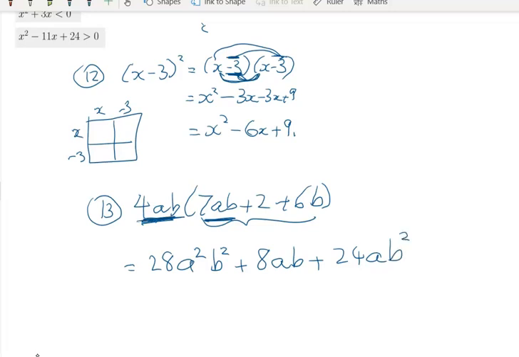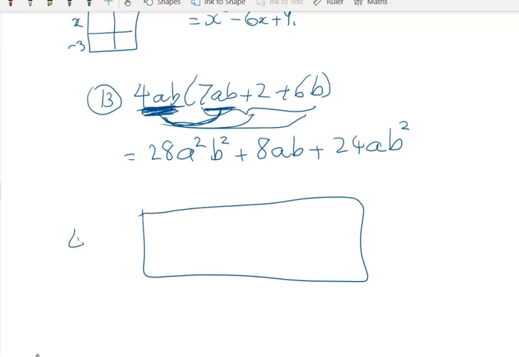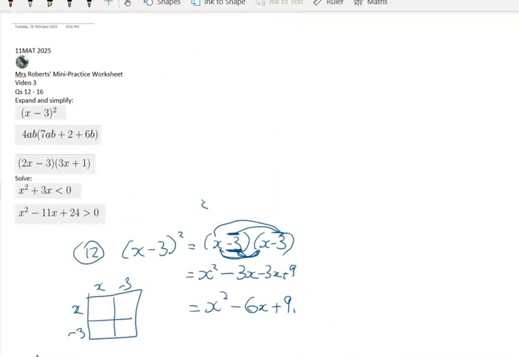So in each case, I'm taking the 4ab and I'm multiplying it like this, right? And this is a good one to see with the grid method, right? So here's my 4ab, and here I've got 7ab plus 2 plus 6b, and we can just go bit by bit like that, right? But most of you won't need to do that by now. But the grid method is always a great method to come back to if you're having trouble.